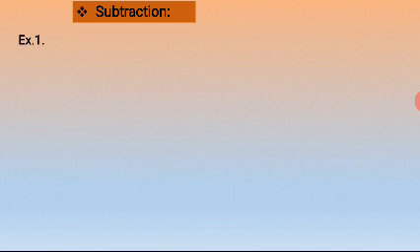Example number 1. Like addition, we use the method for how to solve addition of mixed fractions. Using this method, we calculate the difference between two mixed fractions, that is, a subtraction of two mixed fractions.